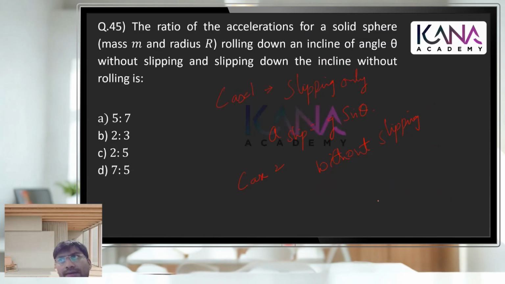So a part of this mg sin theta is used to increase the linear speed, and also to increase the rotational speed.